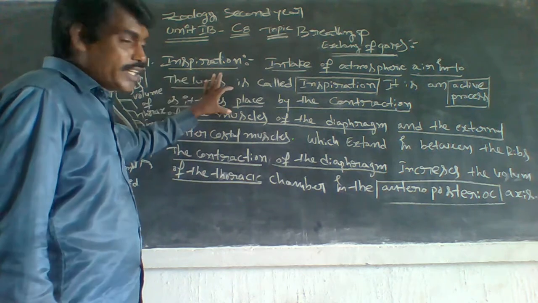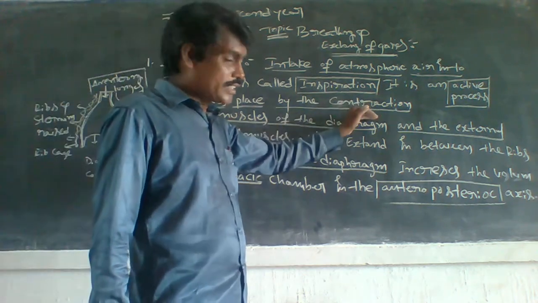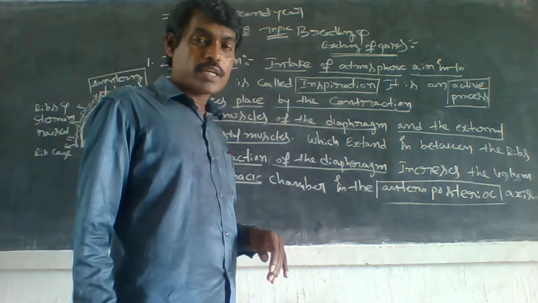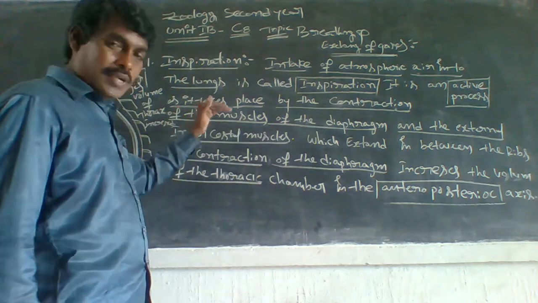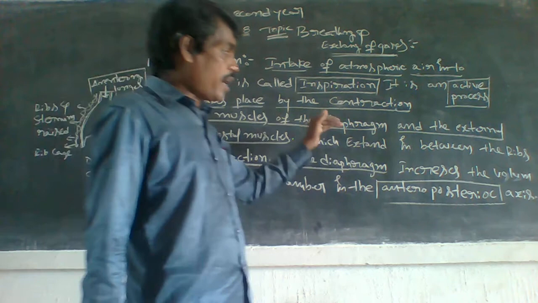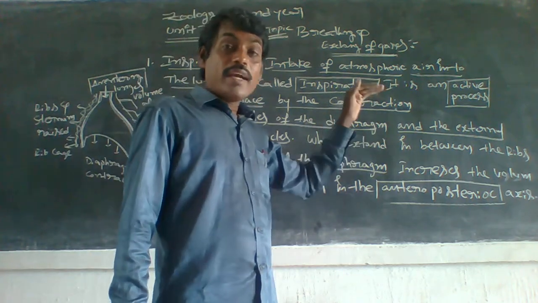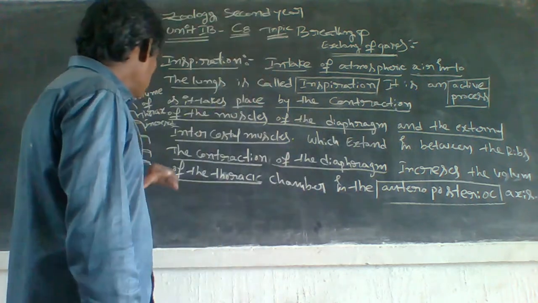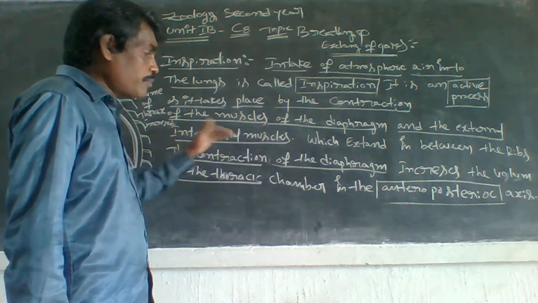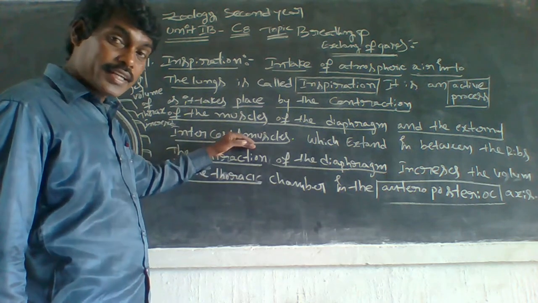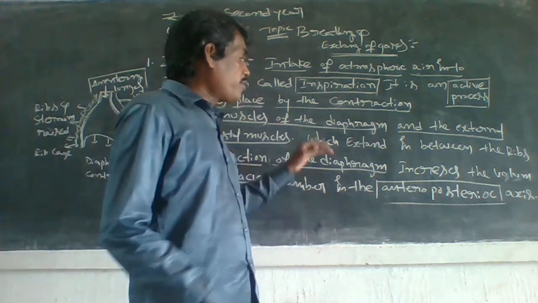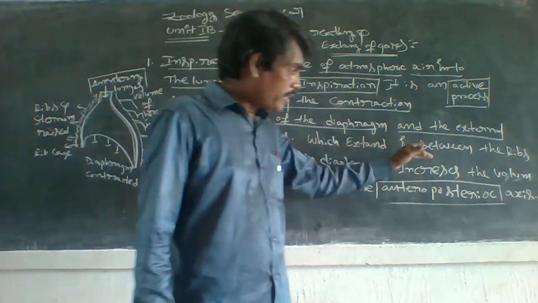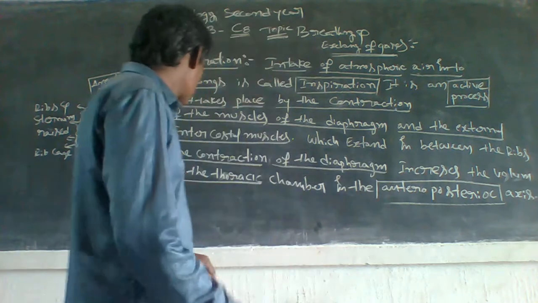It takes place by the contraction of the muscles of the diaphragm and the external and internal costal muscles, which extend in between the ribs.